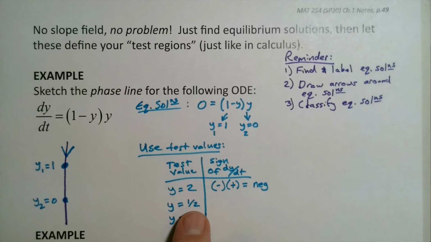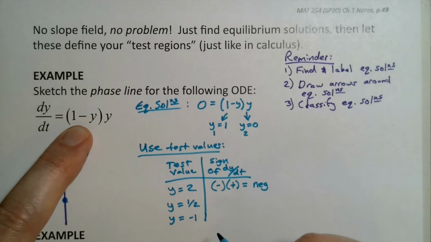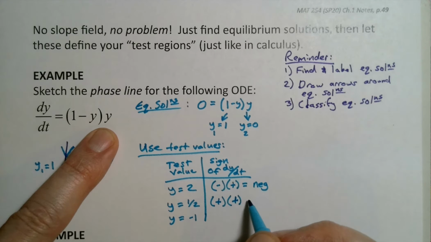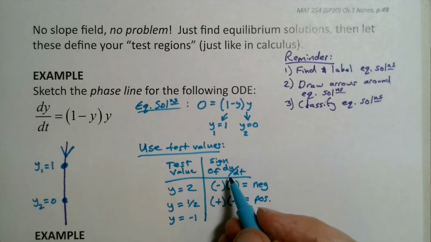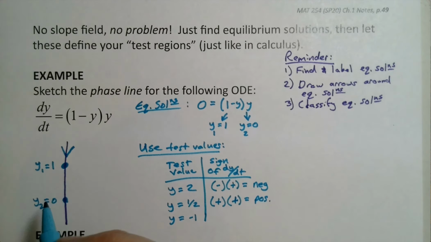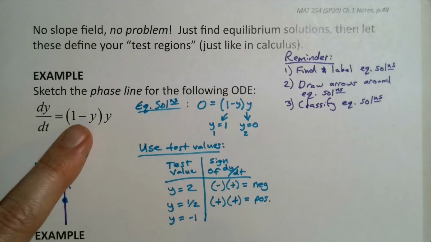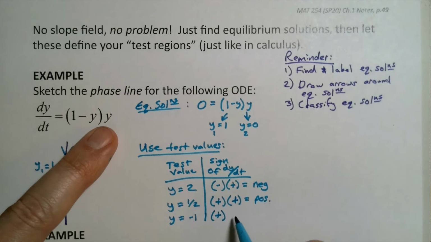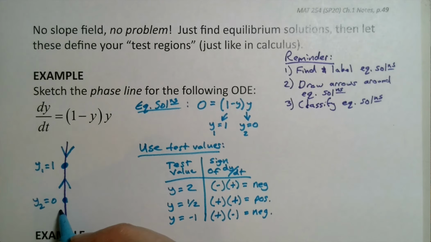In the region between those two equilibrium values, if I plug in a value of 1/2 into my equation, I'd have a positive times a positive, which is going to be positive, which means that the sign of my derivative in this region is everywhere positive. So that means an up arrow in between there. And of course, y equals -1 is below this, so it's going to represent everything below that equilibrium solution. If I plug in -1 here, I get 1 minus a -1, which is a plus, and then a negative out here, which is going to be a negative overall. And so that means I'd have a downward arrow there.